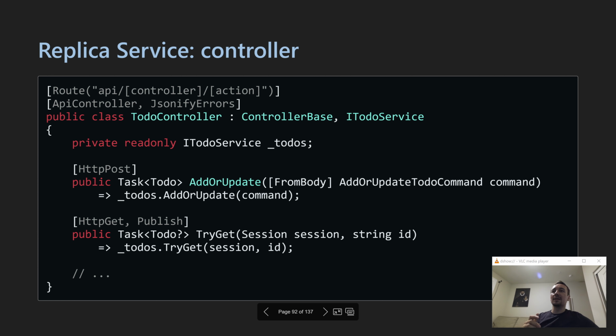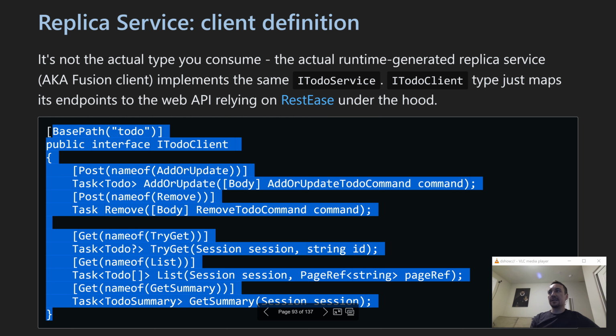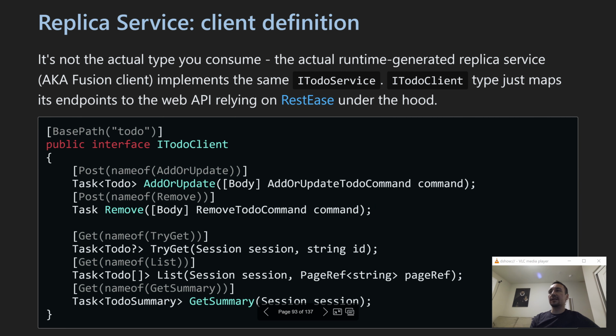So it will be a post to the AddOrUpdate endpoint on the API. So you need to do a reverse operation on the client and tell how you map the .NET type to the controller. And Fusion uses RestEase for that. This is a real RestEase interface with the RestEase attributes.